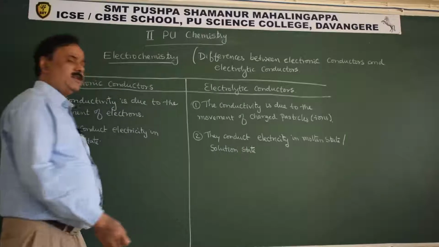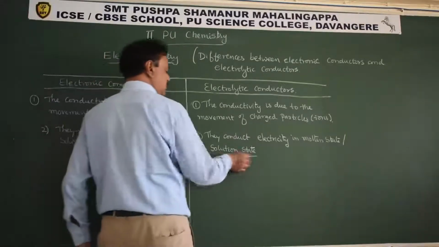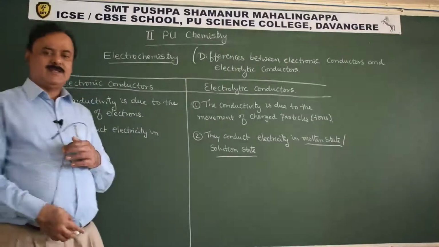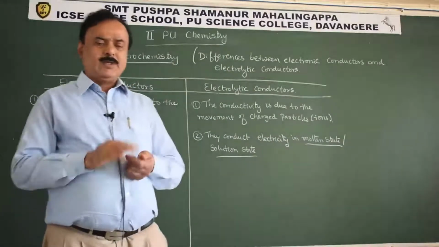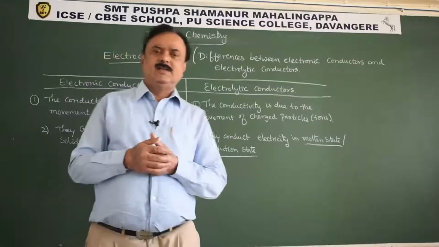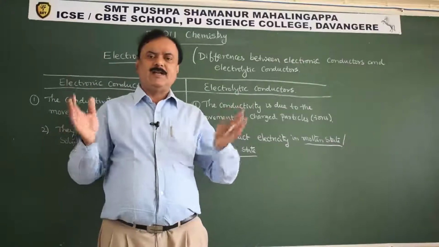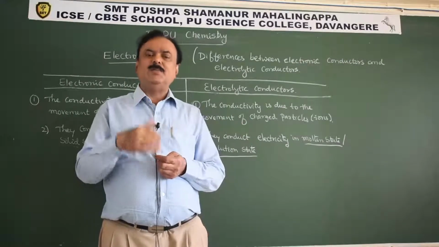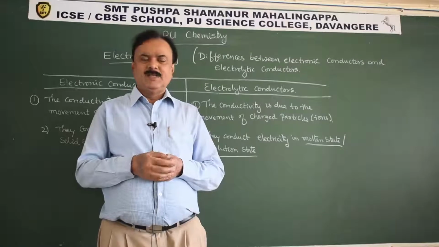Sir, what is molten state and solution phase? Molten state means, for example, solid sodium chloride without adding water. When solid sodium chloride is heated, it gives a fluid mass. That fluid mass is called molten sodium chloride. Where is the solution?